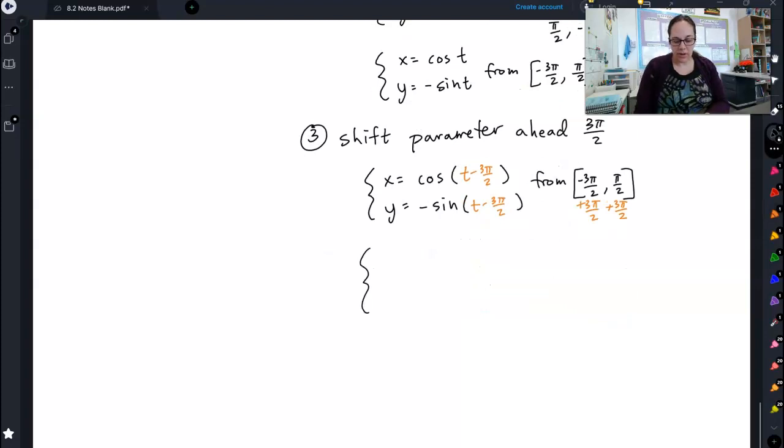So let's see what we got here. This right here, I can use my addition and subtraction identities. So that's cosine changes the sign.